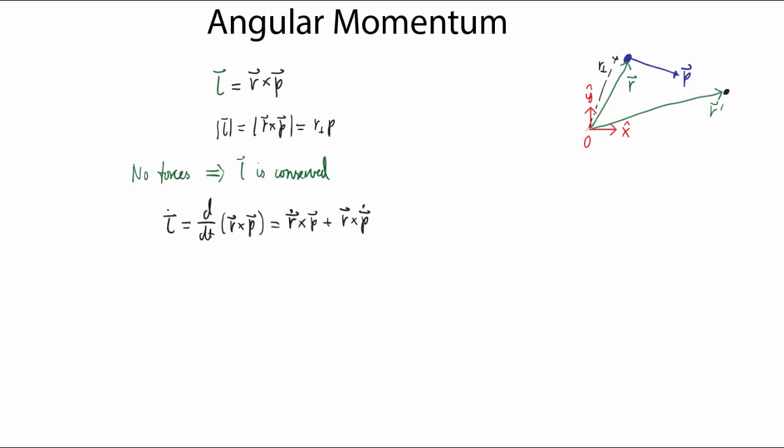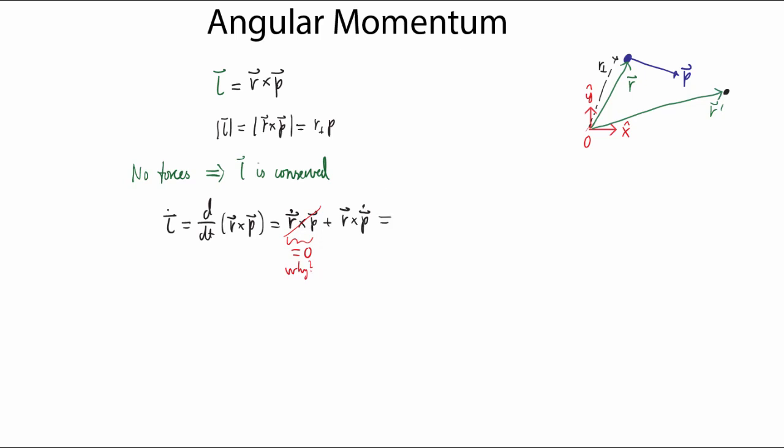Now this first term is equal to 0. And my question to you at this point actually is, why? Why is r dot cross p equal to 0? It's something we will discuss in class later. So L dot is r cross p dot.